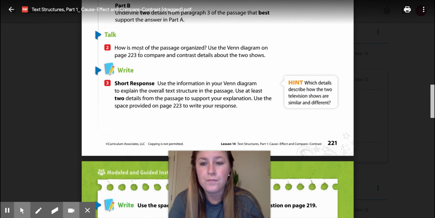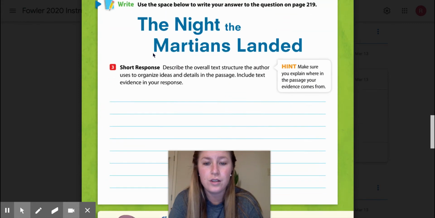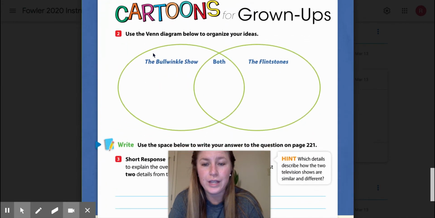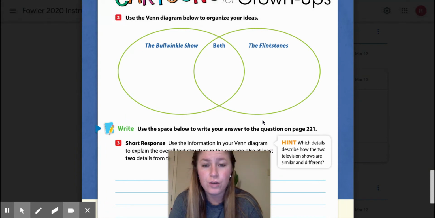Number 2, how is most of the passage organized? Use the Venn diagram on page 223 to compare and contrast details about the two shows. If you scroll down, I have printed this out for you. It has a Venn diagram here. You're going to take all the information that you learned in the passage and put it here.